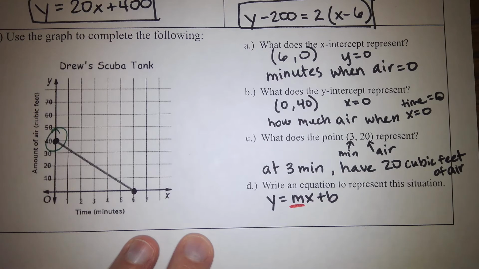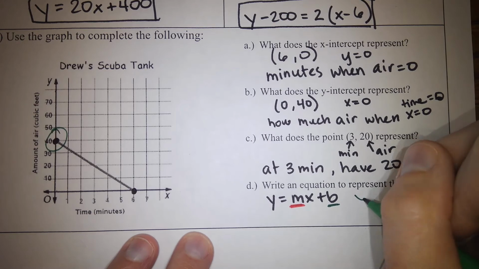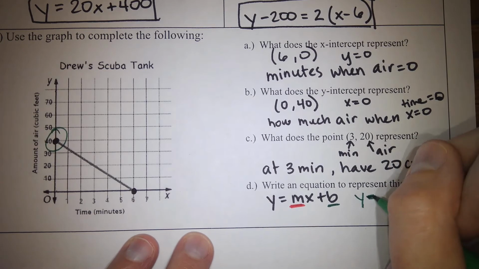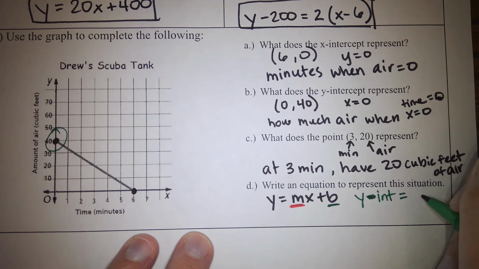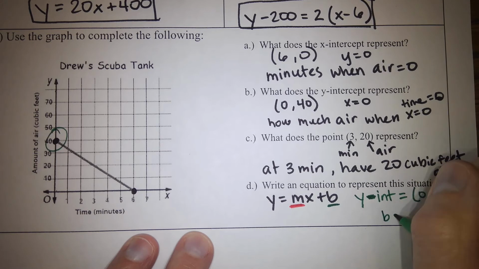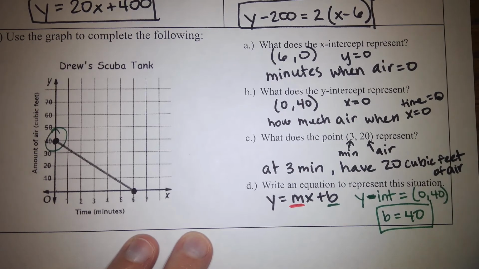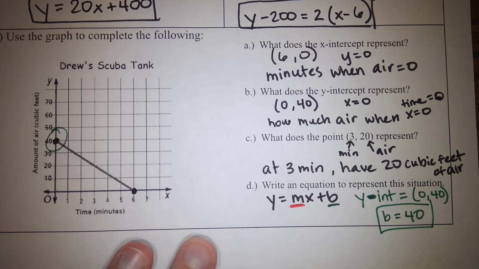So what we've got to do is find that slope, and find that y-intercept. Well, we know that our y-intercept is 0, 40, because we already talked about it up here. So that means our b will be equal to 40. So we have the first part of this equation. Now we just need to find our slope.